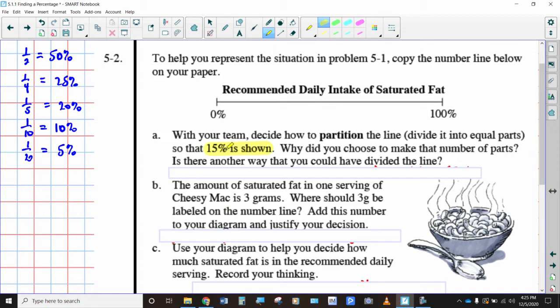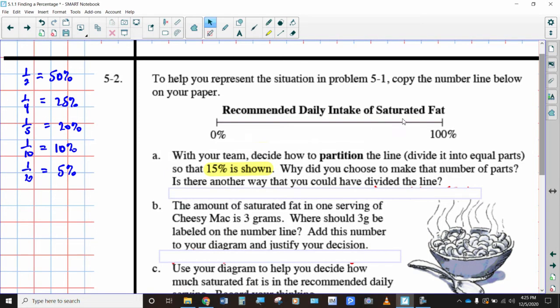Okay, so before we go there, this is how I recommend students approach problems like this that involve percent. I would recommend that you think about the equivalent fractions that go with each of these equivalent percents. For instance, 50% is 1/2.